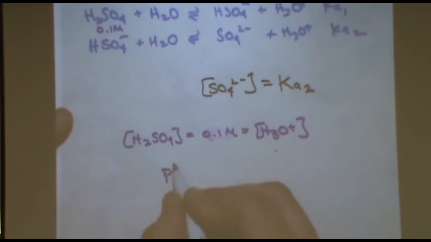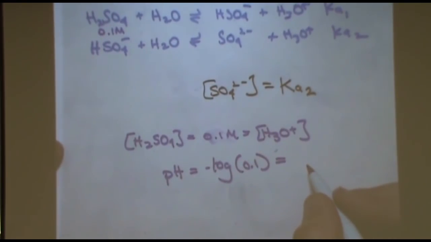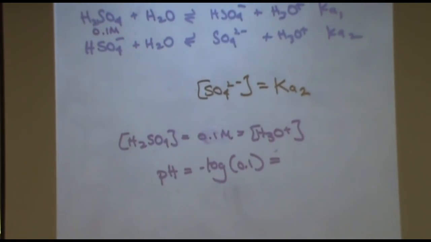So if that's true, then the pH is the negative log of 0.1. Math majors, what is that number? I'll let you just figure it out on your calculator. It'll be a surprise.